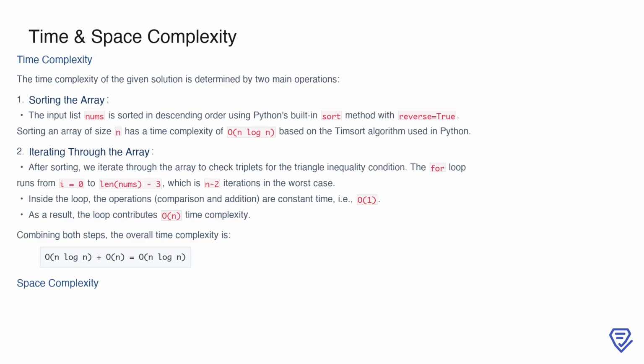The loop runs from index 0 to len(nums) - 3, which means it executes up to n - 2 iterations in the worst case. Within each iteration, we perform constant time operations, such as comparisons and additions, which contribute O(1) per iteration. Combining the sorting step and the loop, the overall time complexity becomes O(n log n) plus O(n), but since O(n log n) dominates, the final time complexity is O(n log n).